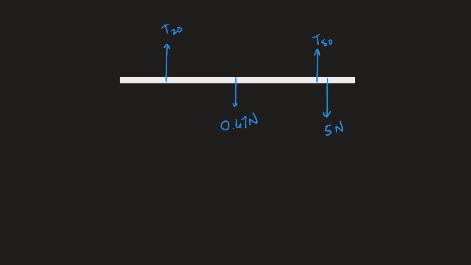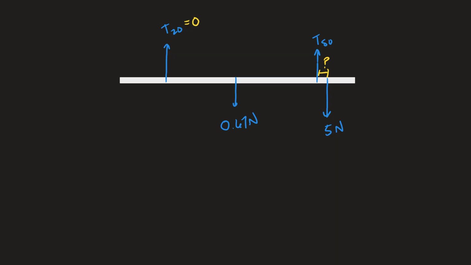And the question I'm asking is, where can I place this weight without the system becoming unstable? What's the furthest distance to the side that I can place it before the system becomes unstable? Instability occurs at the threshold where this drops to 0.